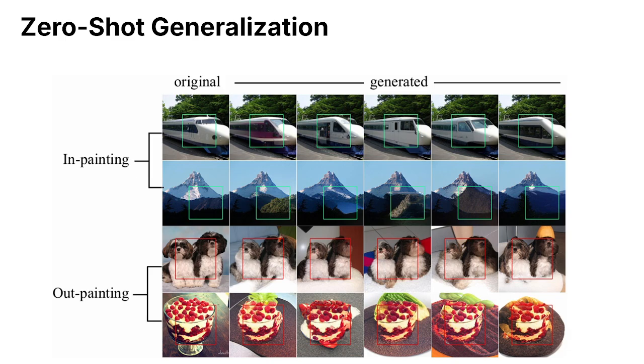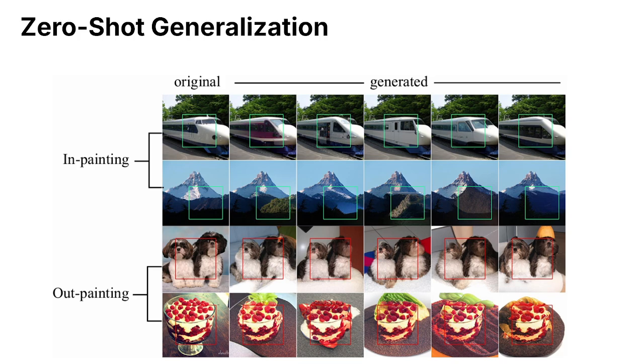Right. Okay, so what is zero shot generalization? It's very good at it. Zero shot basically means it was not created for this task, but it just performs very well at it anyway. So there are two types of downstream tasks that they have tested. One is in painting, one is out painting.